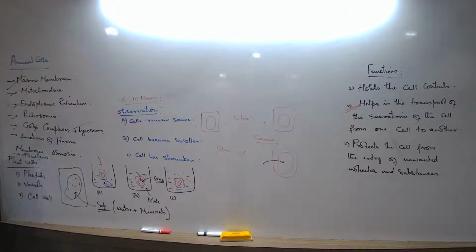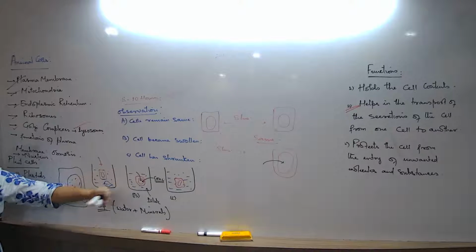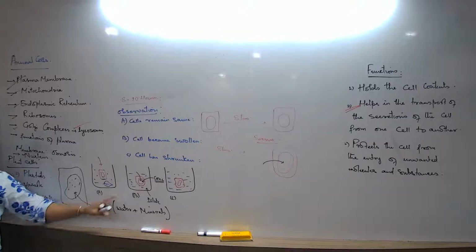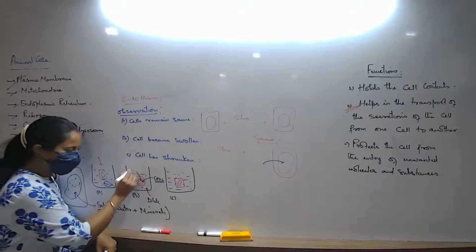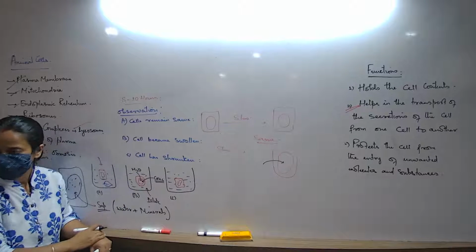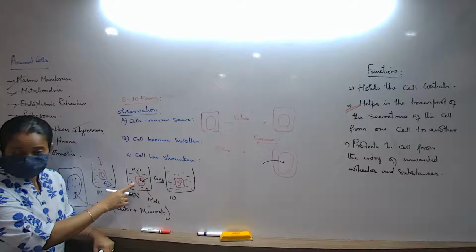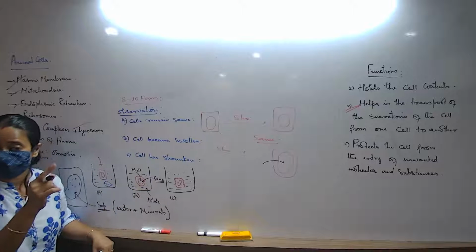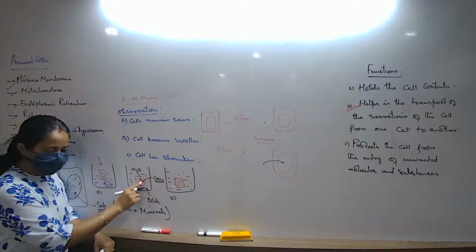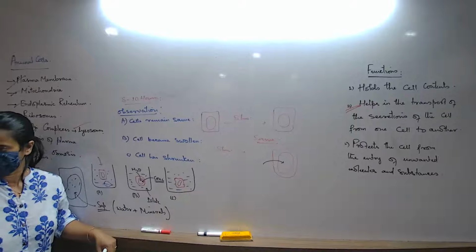I am comparing the sap of the cell and the solution outside the cell. Now I see that the water is entering from outside to inside. Why? Because here it is dilute. What did I say? Dilute means 2 spoons of sugar and 100 ml of water. Concentrated means 5 spoons of sugar and the same 100 ml water.